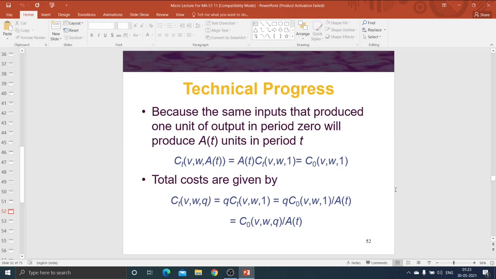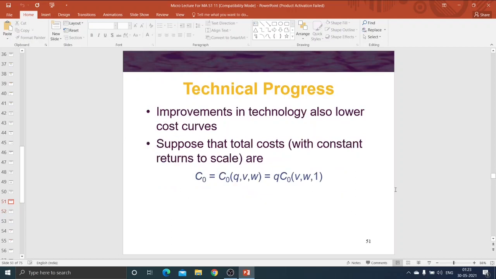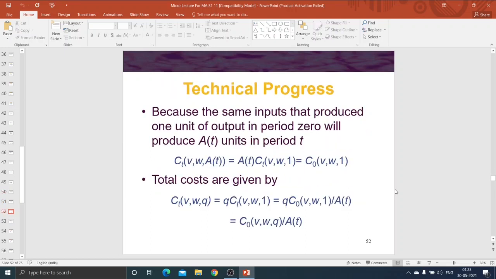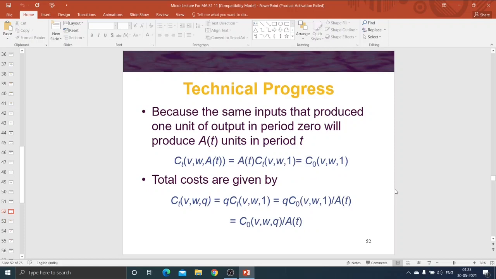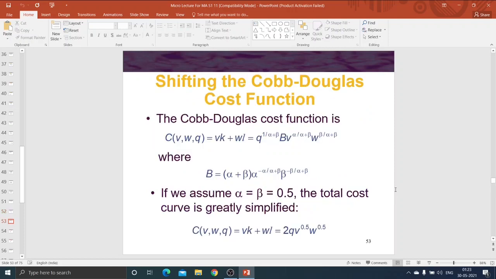Technical progress means there is an improvement in technology, so you have to keep total cost at constant returns to scale. Then there is definitely a shift in the cost curve. So this is what has been given.